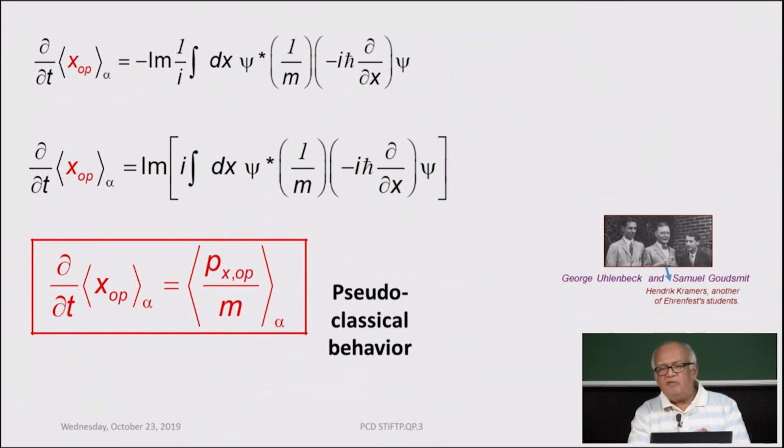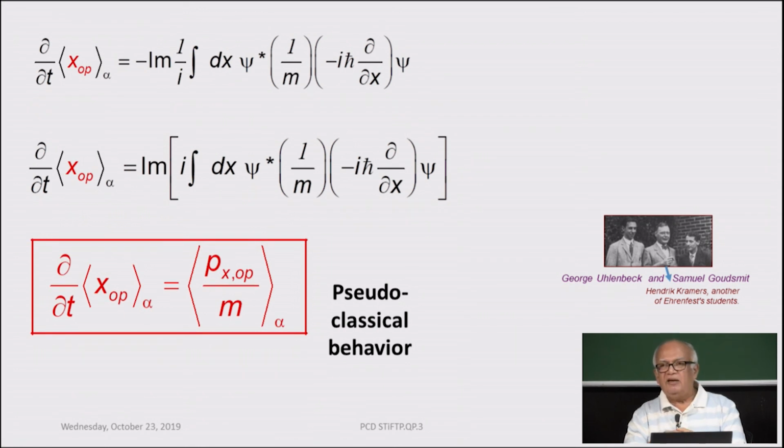So, now you have a result which is very similar to classical mechanics, because if you think of these terms, what you have on the right hand side is the expectation value of the momentum operator divided by the mass. So, what is momentum by mass in classical mechanics? It is the velocity, right.